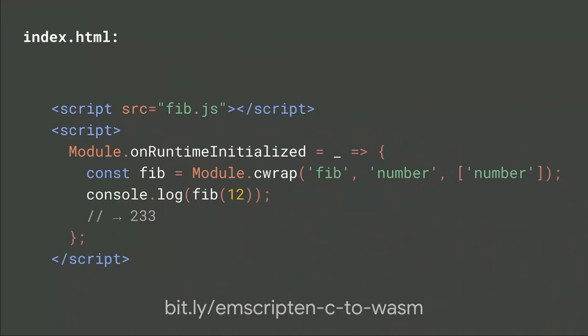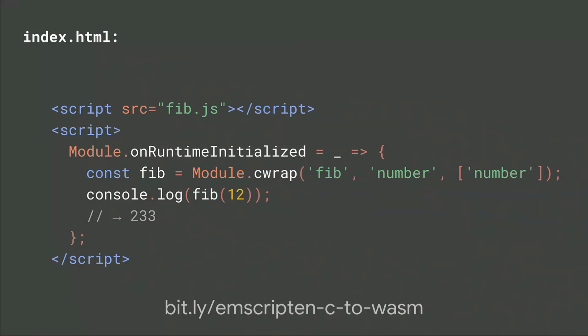All right, so next, let's have a look at the HTML page that you need to use in order to actually include this. At the top line, we'll just use a simple script tag to import our fib.js. And including this fib.js is what gives us access to this Module object. The Module object is a central part of Emscripten, and it's how you'll access Emscripten functionality.